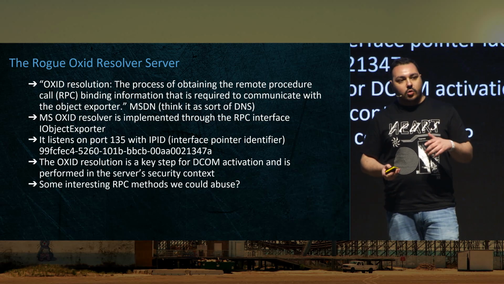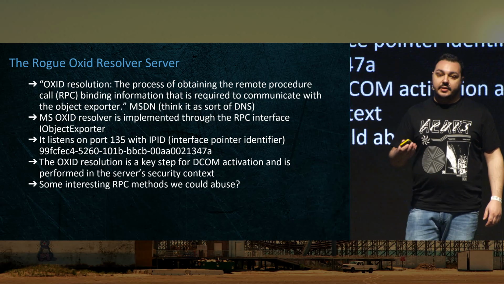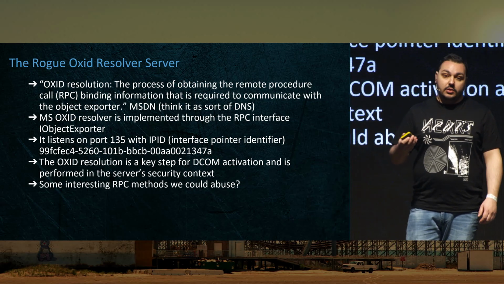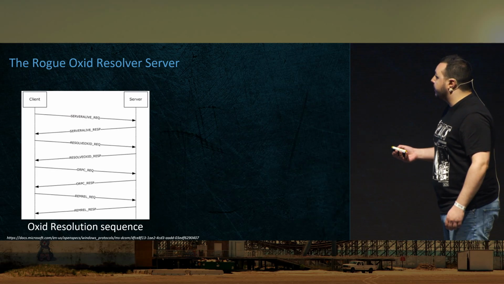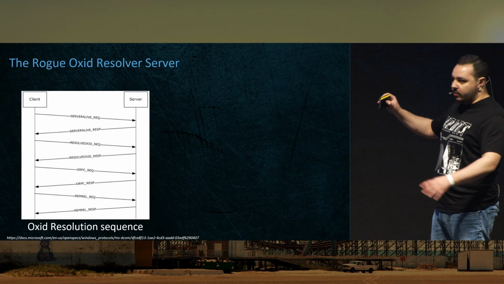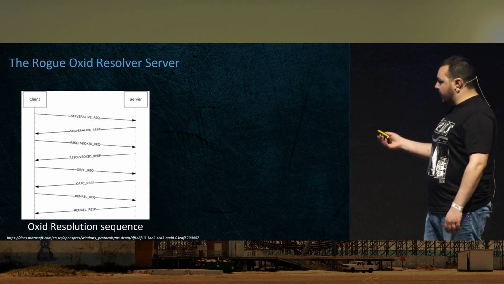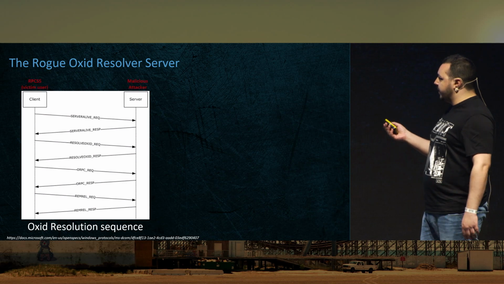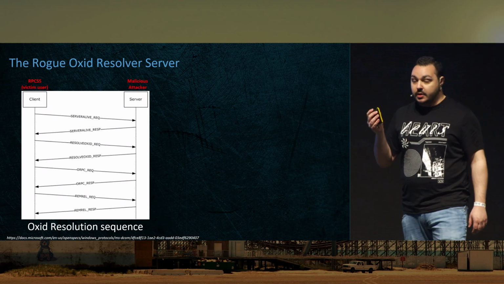While we were developing the rogue OXID resolver, we were inspecting some RPC methods that we could abuse. This is the key part of our research. This is the OXID resolution, okay? A normal sequence. When we trigger a particular exploit, we have the client that is the victim user.